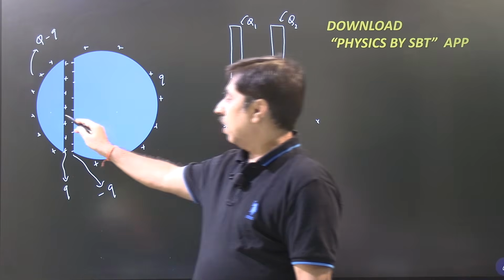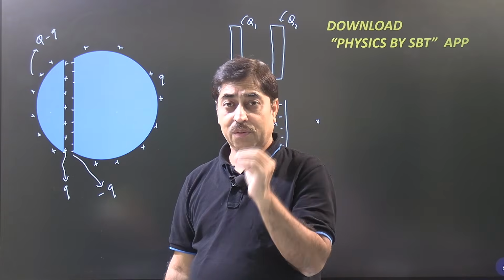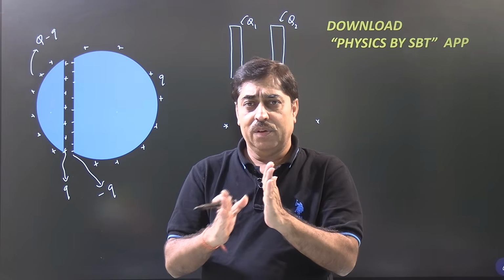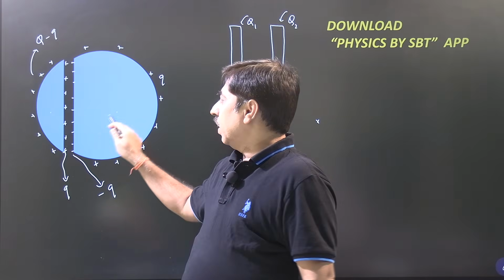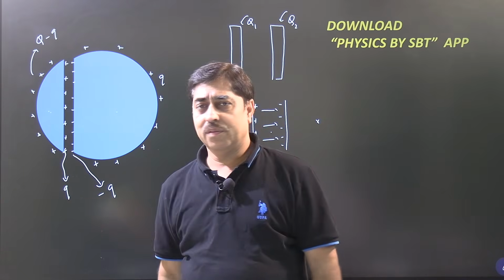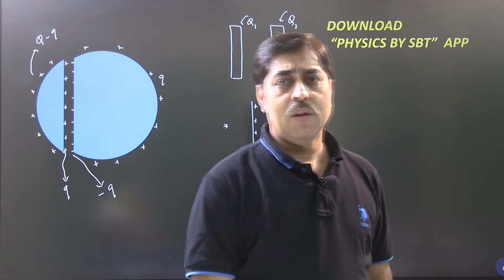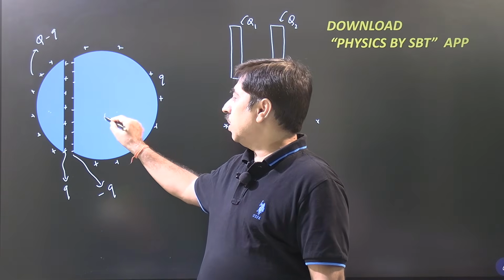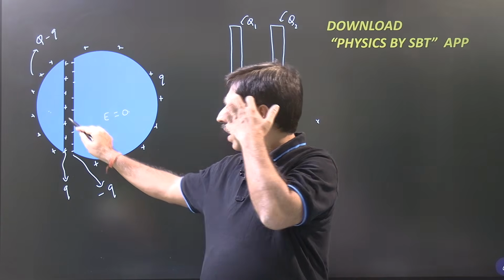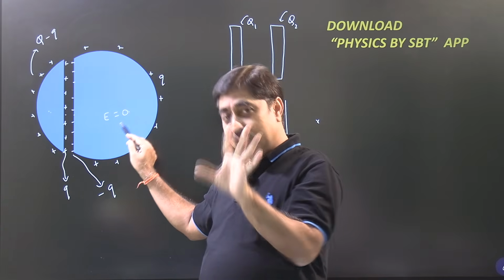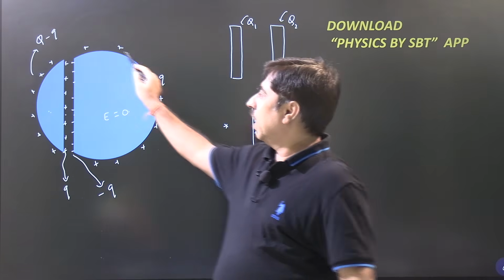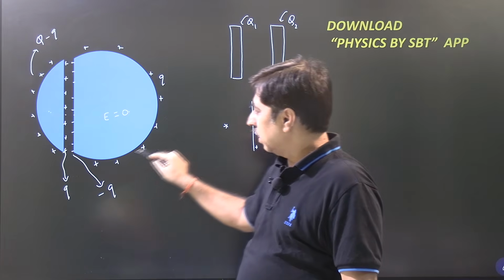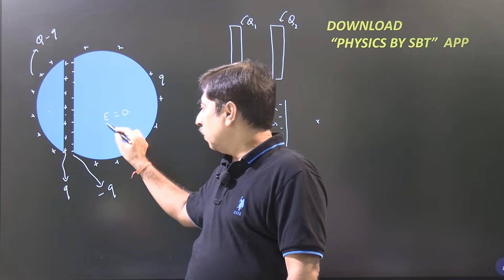So, these are two parallel faces having charge plus q and minus q. This set of charge plus q and minus q together, they cannot produce any field here or any field here. That is one thing. But because it is metal, the electric field here has to be 0. So, the electric field because of these two small q charges is 0, which means the electric field due to the charge present on the spherical surface must be 0 here.